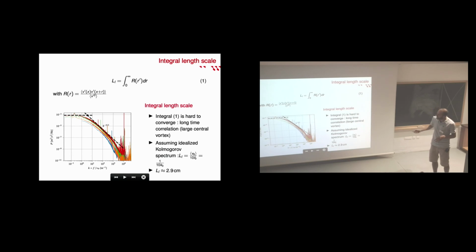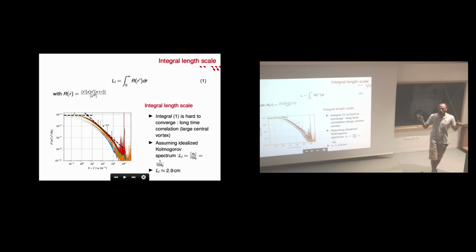If you assume that you have an idealized Kolmogorov spectrum, so here you have a power spectral density of the velocity measured by the hot wire, with white noise at low frequency followed by a typical power law k to the minus 5/3, at the intersection you can define a wave vector k0 that you can use to get the integral length scale, and here we obtain 3 centimeters.